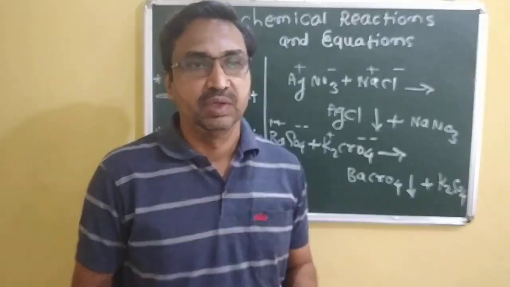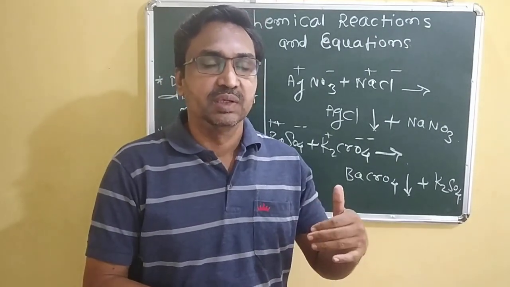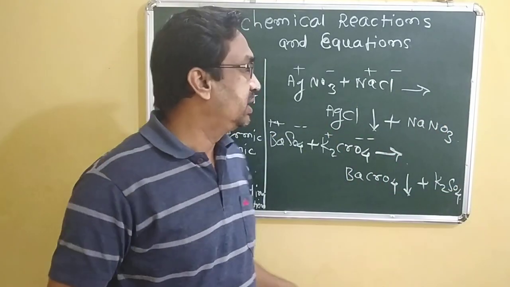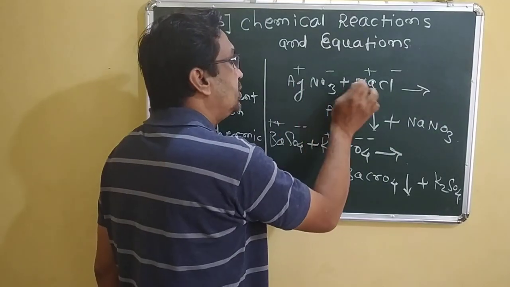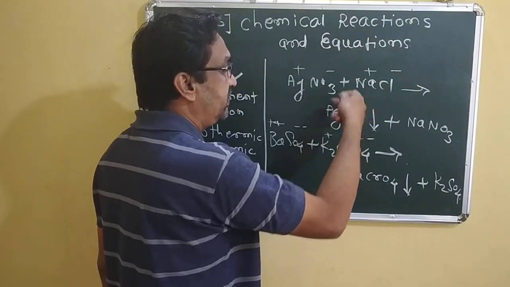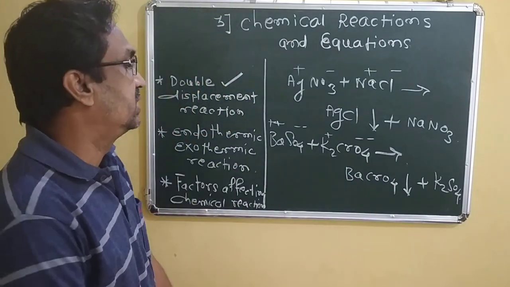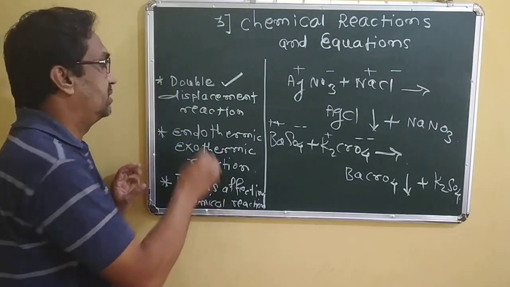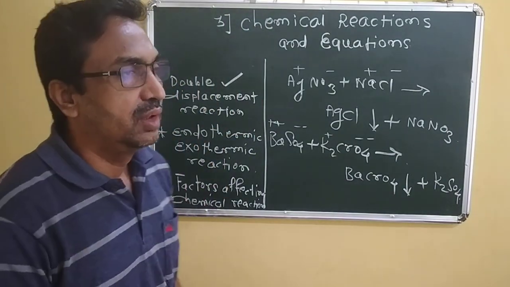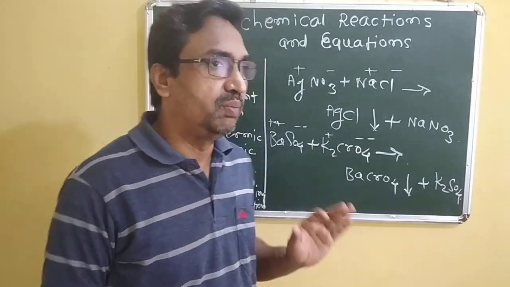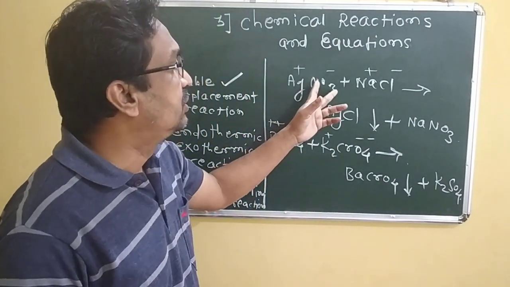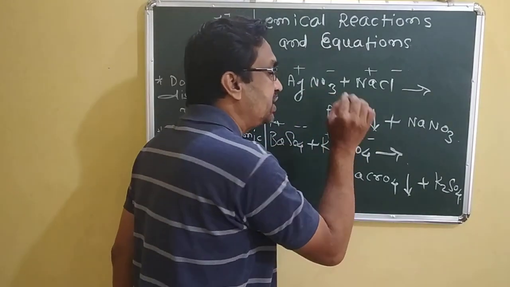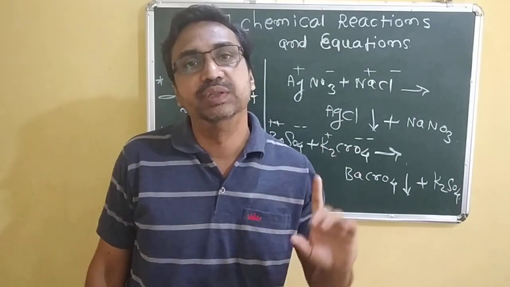Here the positive ions replace each other and the negative ions replace each other, forming a precipitate, barium chromate, and potassium sulfate. The peculiarity of a double displacement reaction is that two reactants react and two products form, with one precipitate in the product.